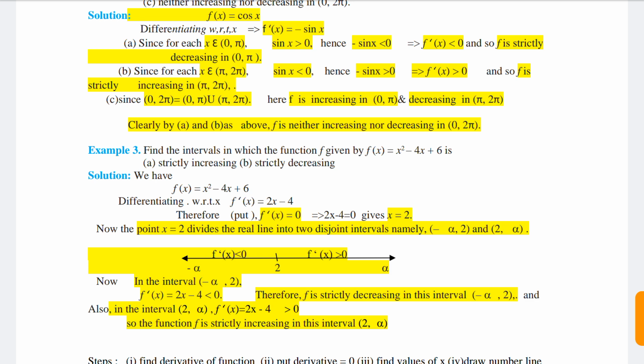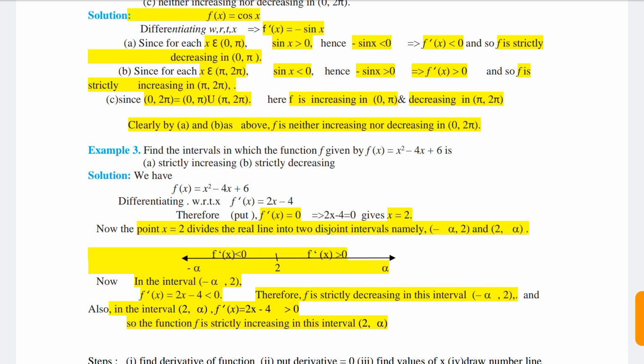So we take its right hand side and its left hand side. There are two intervals. On the left hand side it is minus infinity to 2, and on the right hand side it is 2 to infinity.